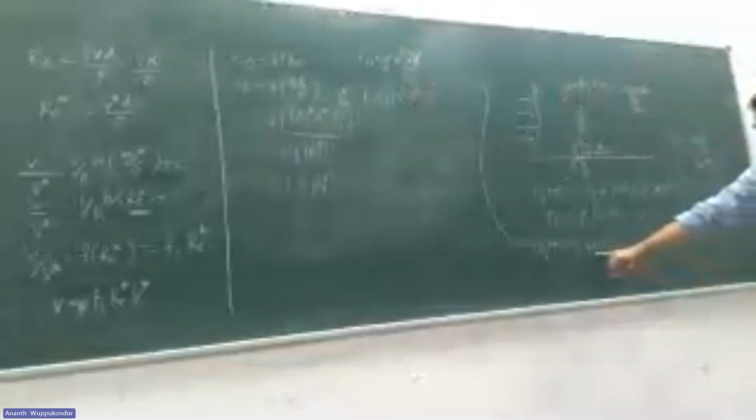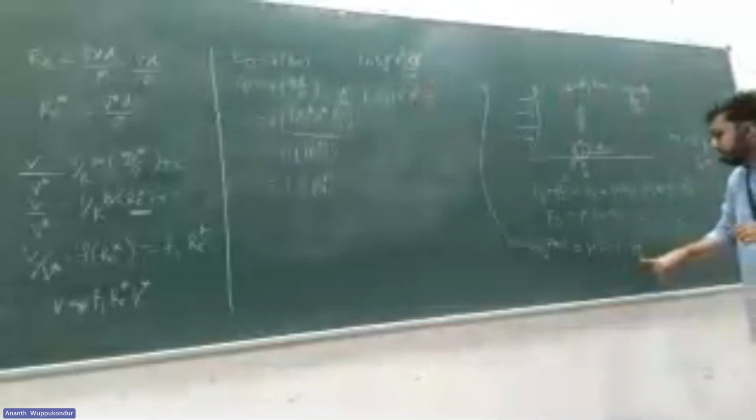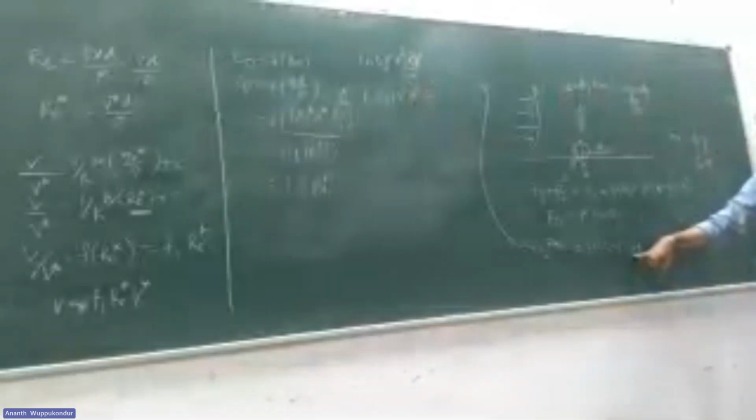So on the right hand side, we have mu OS minus rho Vg. So again, V, we can use Re star.